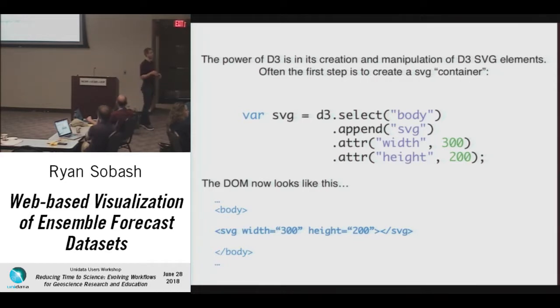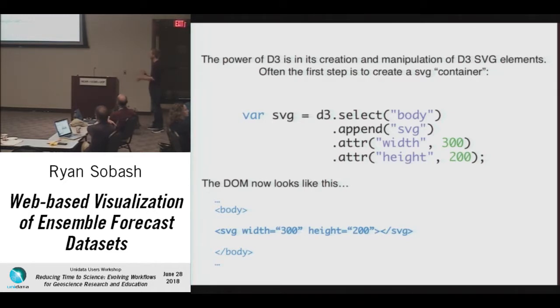So often the first step is to basically create, say, a container. This has nothing to do with Docker containers. This is just, say, a generic container for your SVG elements. And so what this piece of code here does is select the body. It's going to take that tag and append to the end of that within the code a tag of SVG, an SVG element.